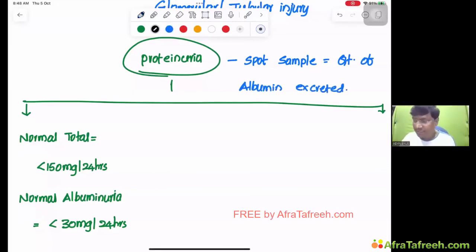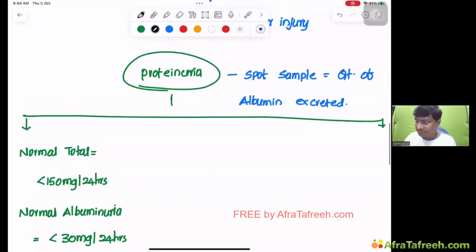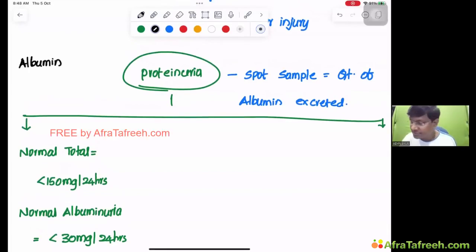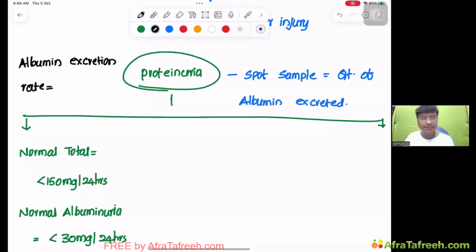For that, we have a formula. What is that formula? That is albumin excretion rate. So how do we make out this albumin excretion rate?